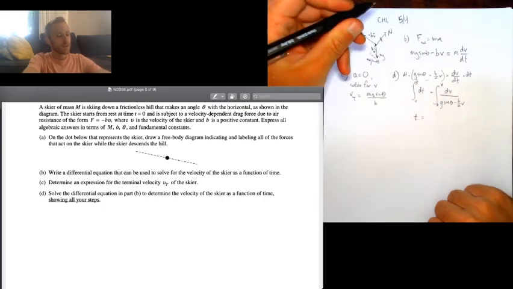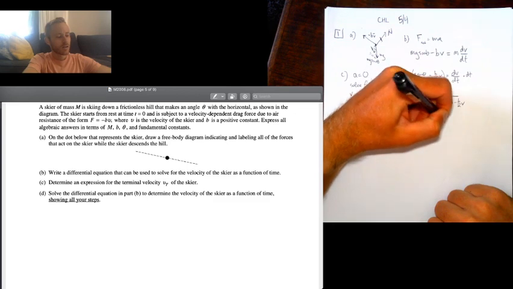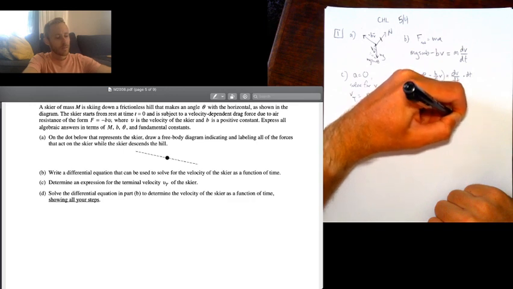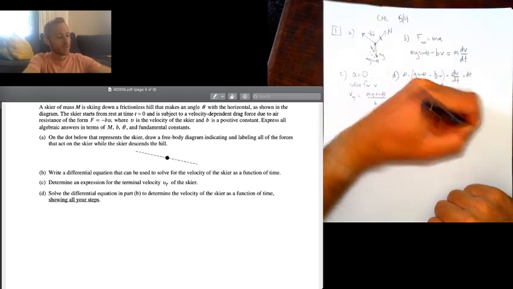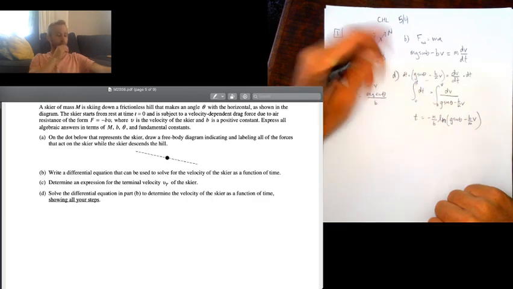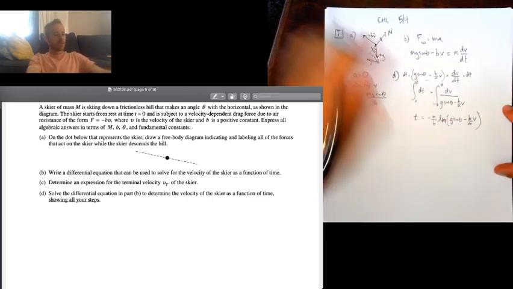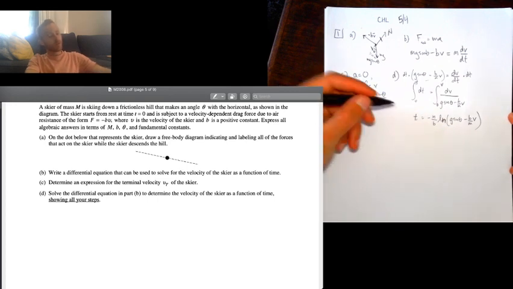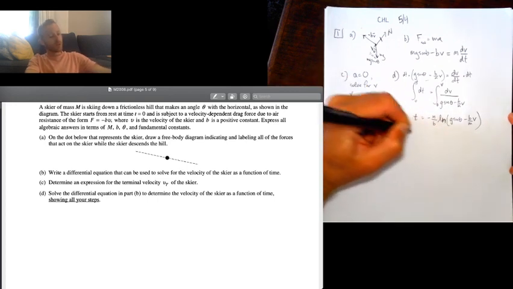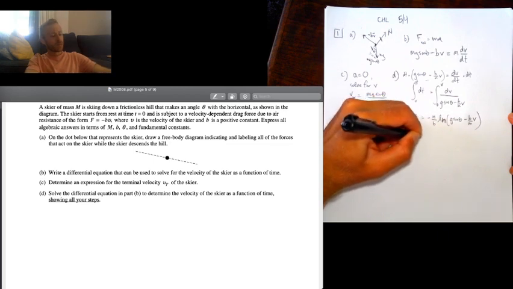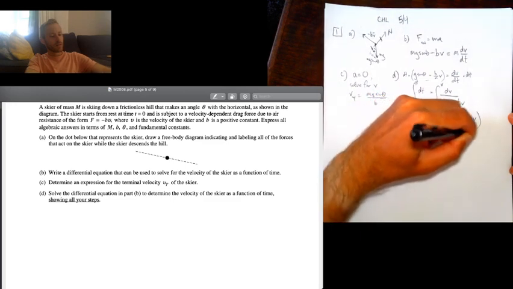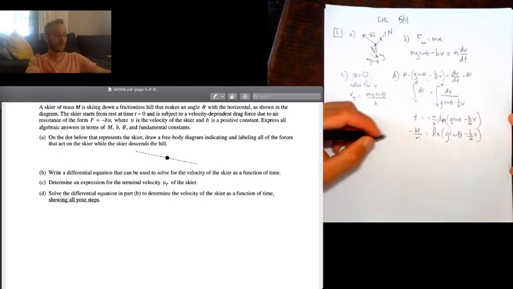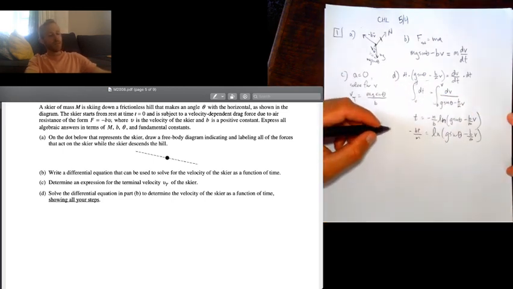And then integrating that, we're going to get natural log of g sine theta minus b over m v times minus m over b. Okay? So I'm going to multiply both sides by minus b over m. Okay. Do e to the both sides.